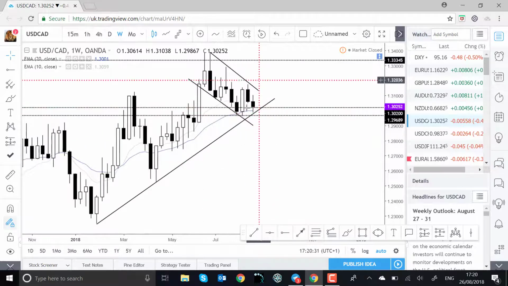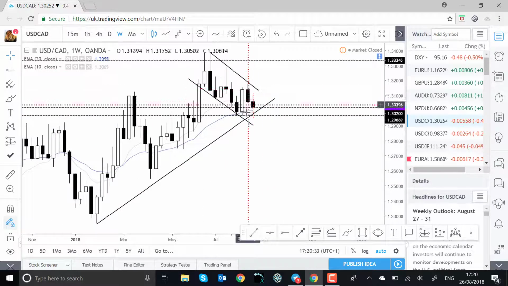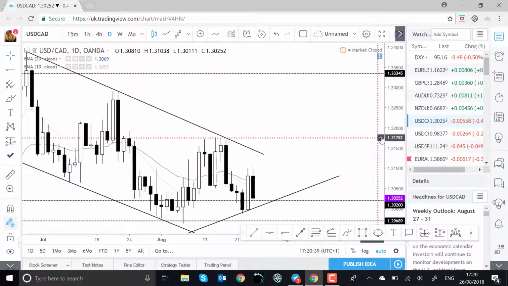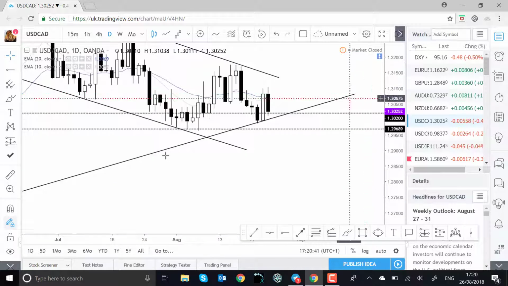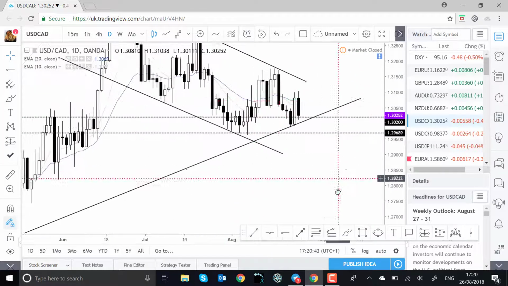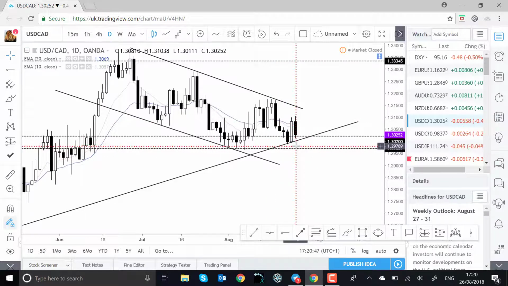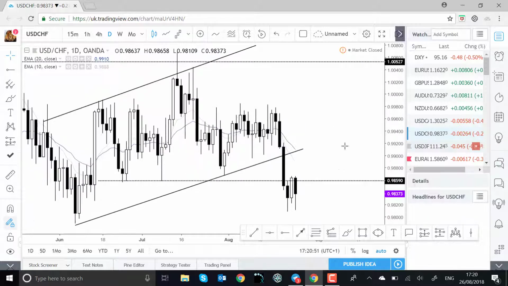So we could see some buyers step back into the market within this channel, potentially head up to that 1.33. But again, we're at a critical area. We need the market to make a decision. It's not the cleanest chart, dollar CAD, so we need something to occur around here before taking any kind of action.